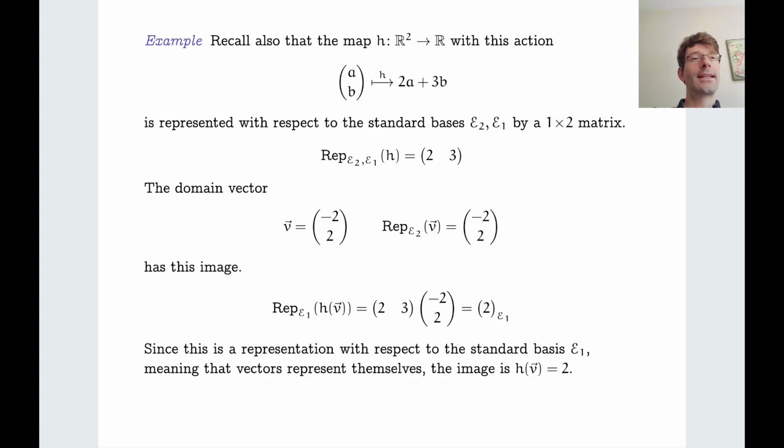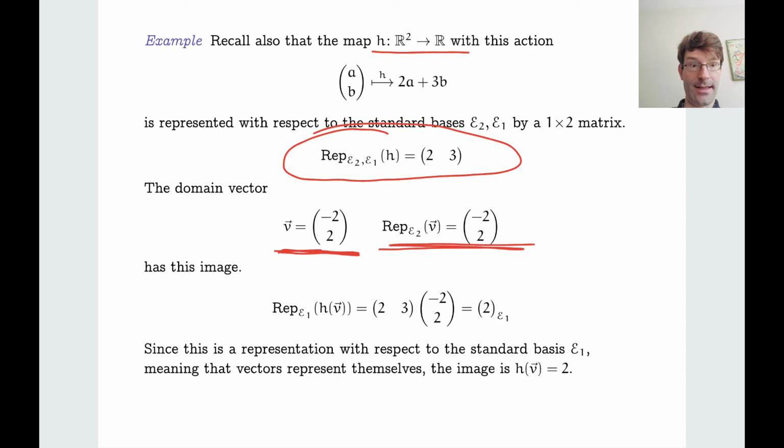Let's go to that example again. From R2 to R, we have already computed the representation of this map with respect to the standard basis. Now take some random domain vector V represented with respect to the standard basis. So that's in this example the vector itself, as is always the case when we deal with the standard basis.